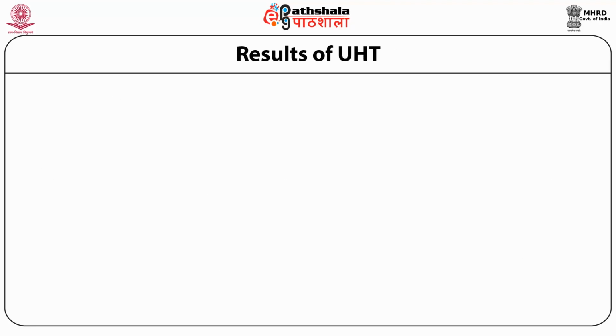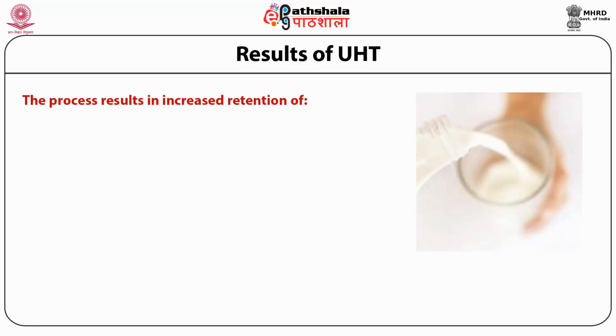The ultra heat treatment process results in better outcomes than the sterilization process or pasteurization process. It gives increased retention of nutrients because exposure is for a very short time.